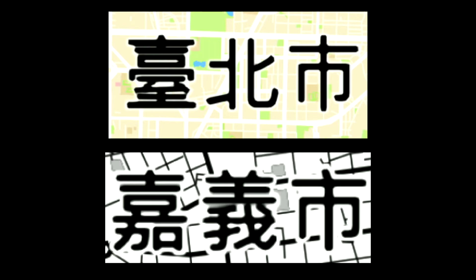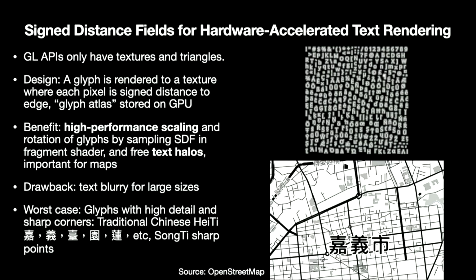So why is this? In particular, the Mapbox GL library uses a technique called signed distance fields. The reason behind this is that a hardware accelerated API only knows about two things: textures and triangles. So the way they render text is to generate a bitmap called a signed distance field, where each pixel stores the distance to the edge of the glyph.